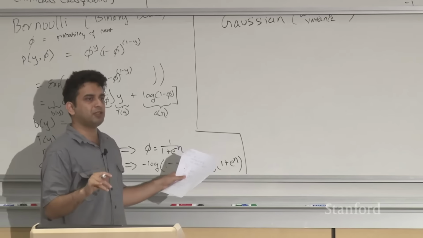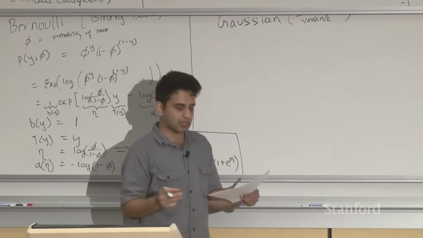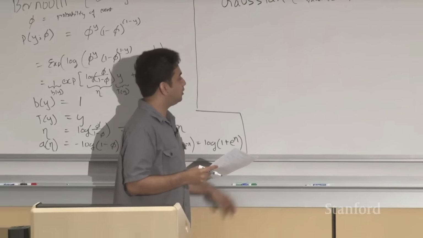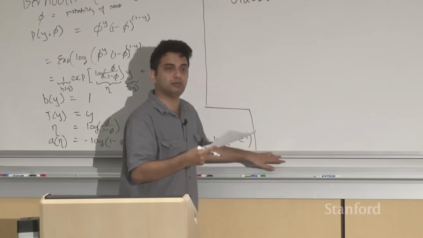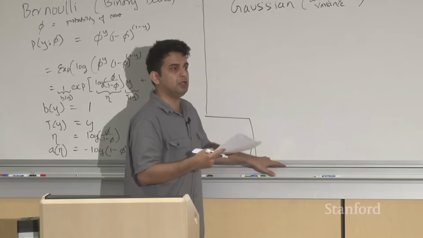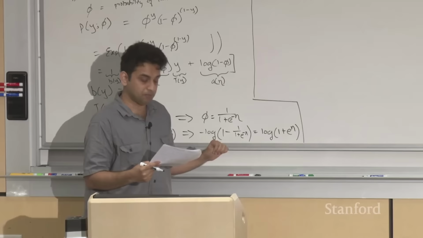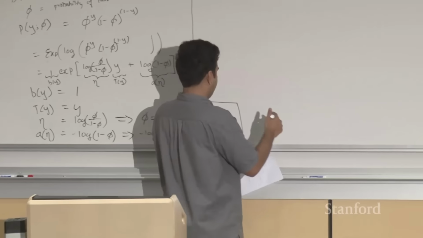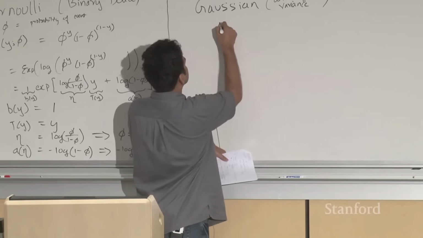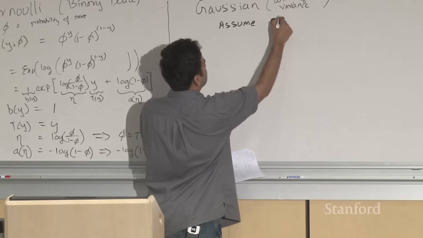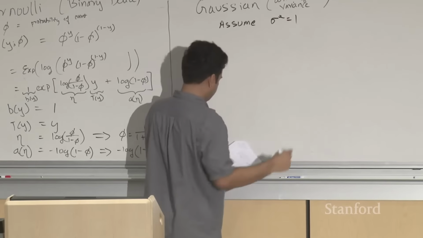For our purposes, we are going to assume a constant variance. You can also consider Gaussians where the variance is also a variable, but for our course, we're only interested in Gaussians with fixed variance, and we are going to assume that the variance is equal to 1.